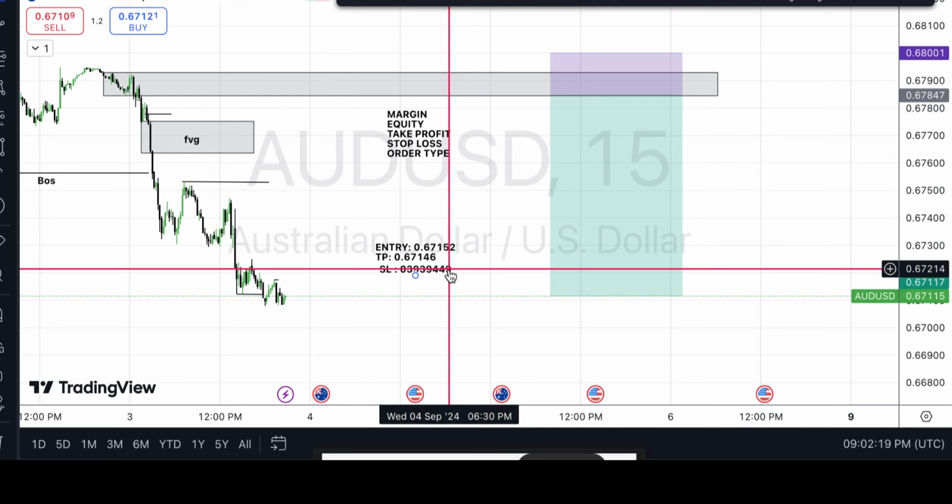So let me explain to you the meaning of stop loss. In forex trading, a stop loss is a term that is used to describe an order you place with your broker to automatically close a trade at a specific price in order to limit potential losses.